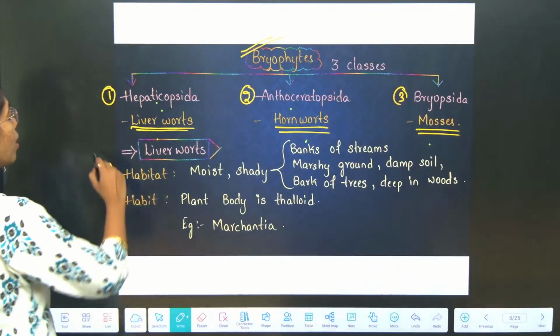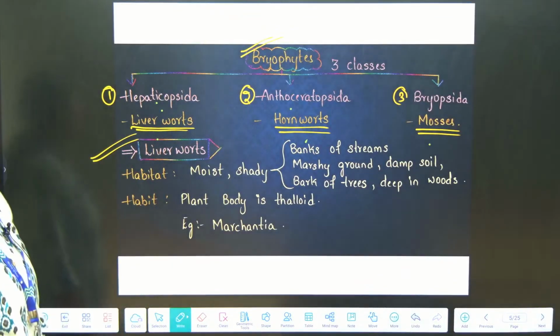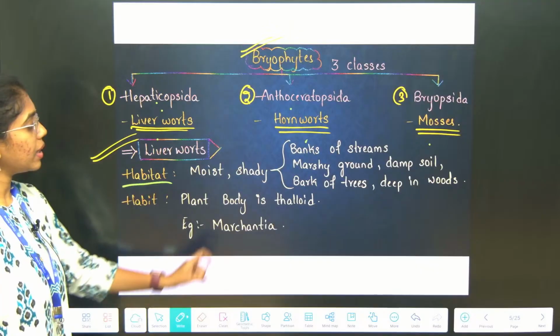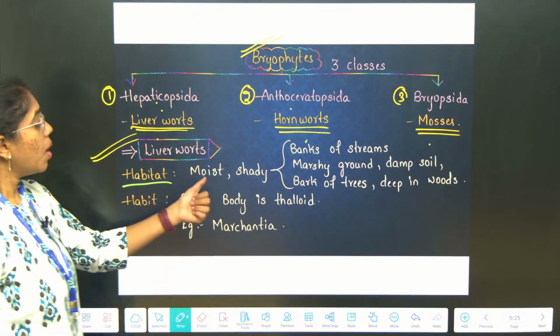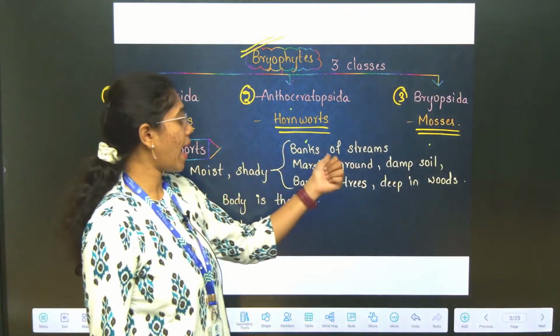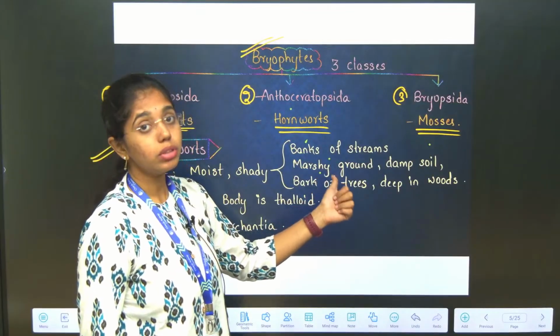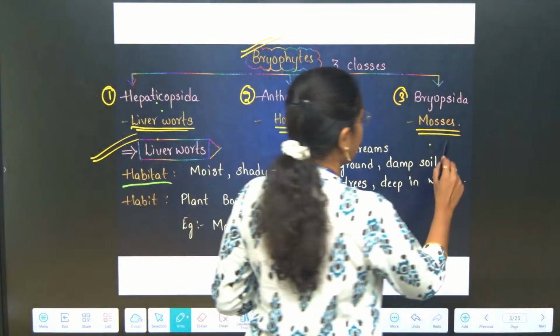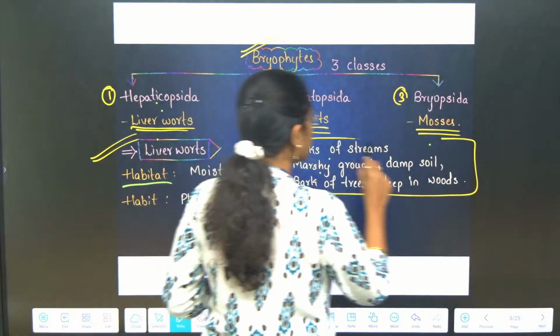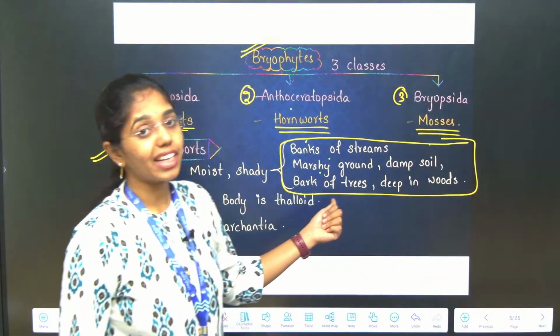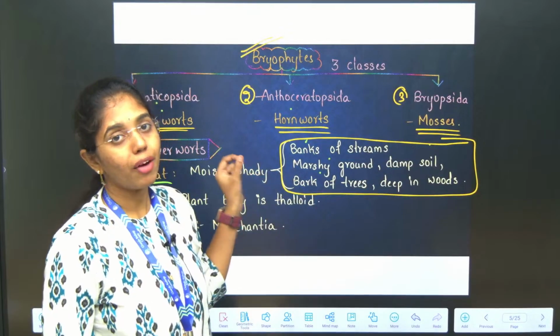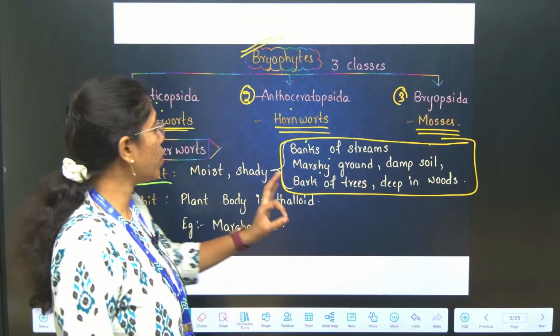And then you see, first let us learn in detail about liverworts. The liverworts' habitat is the same as that of bryophytes: moist shady places like banks of streams, marshy ground, damp soil, bark of trees and deep woods. Of course, this is very simple, but you will get confused when it is asked in the form of statements. No need to confuse at all.